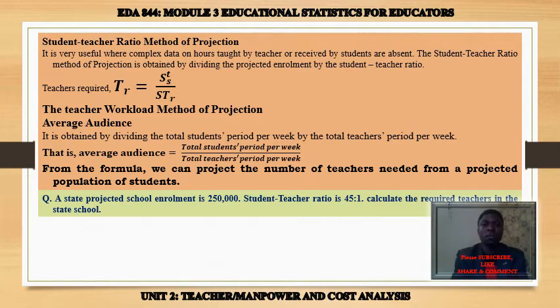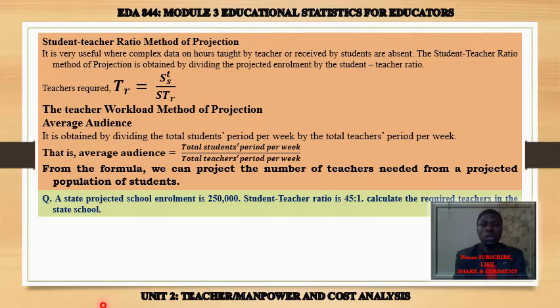It's quite simple. All we need to do is to employ this formula again. Teachers required will be equal to the projected enrollment, which is 250,000, and the student teacher ratio will be equal to 45. That is 45 ratio 1, which is 45.